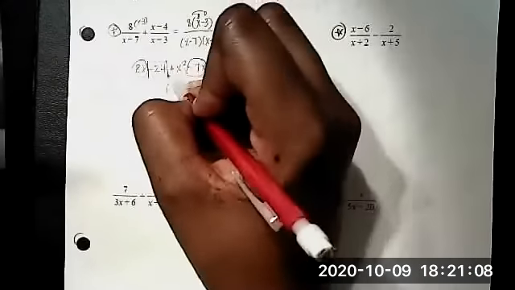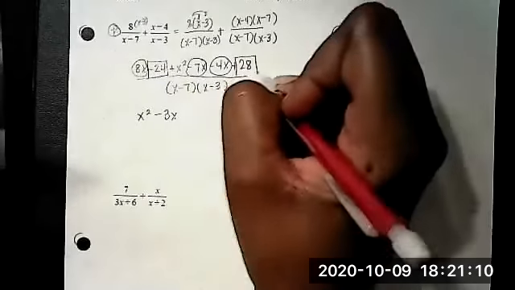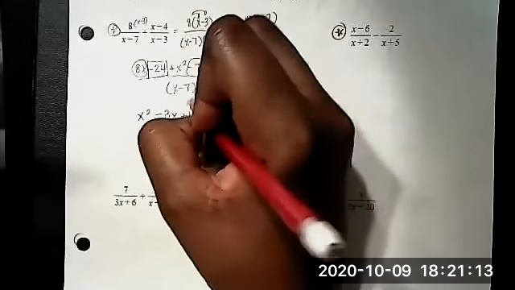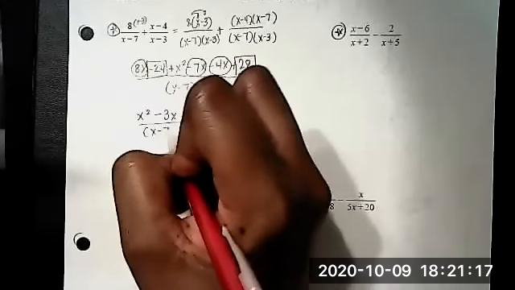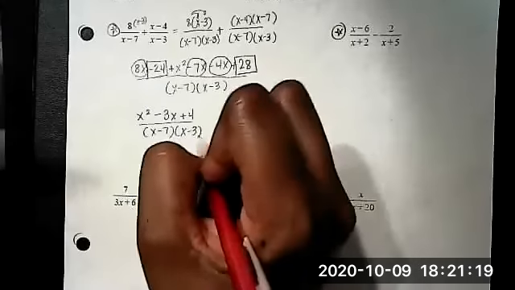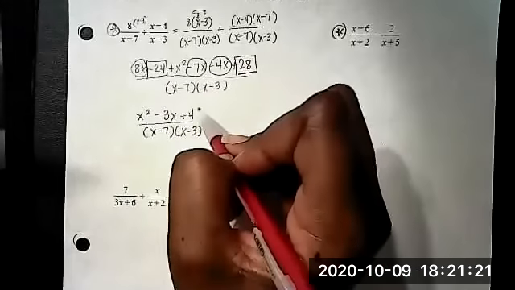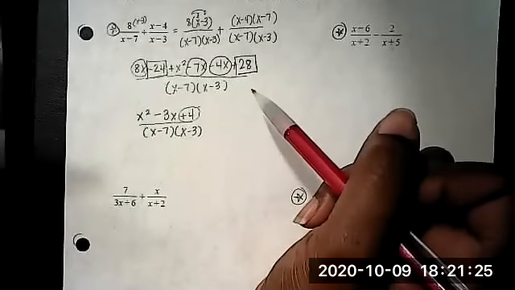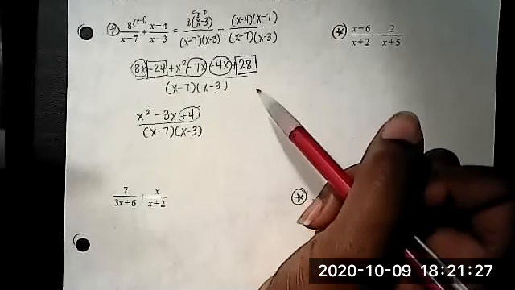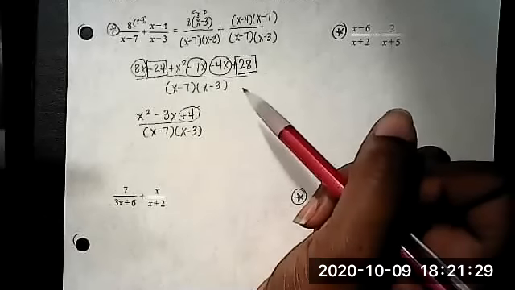And of course, negative 24 and positive 28 becomes positive 4. And then it's x minus 7 and x minus 3. I will need to try to factor it. There are times when it doesn't factor. There are going to be times where you see it does not factor, and that's a choice.